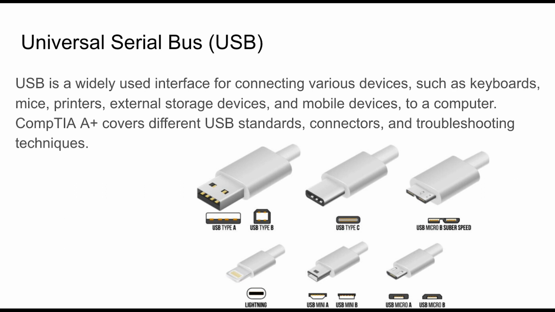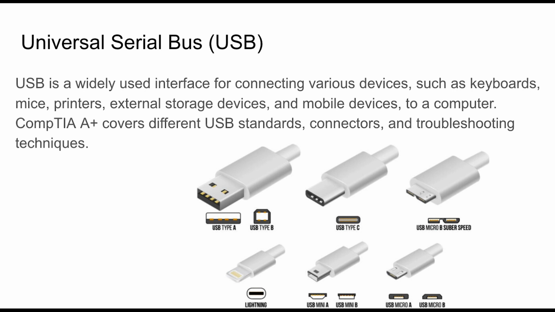And you can see the diagrams right here of the different types of USBs. USB Micro B is the Android charger. So you can see the different chargers. You can identify the Lightning cable as the iPhone charger. So these are the different types of serial buses.